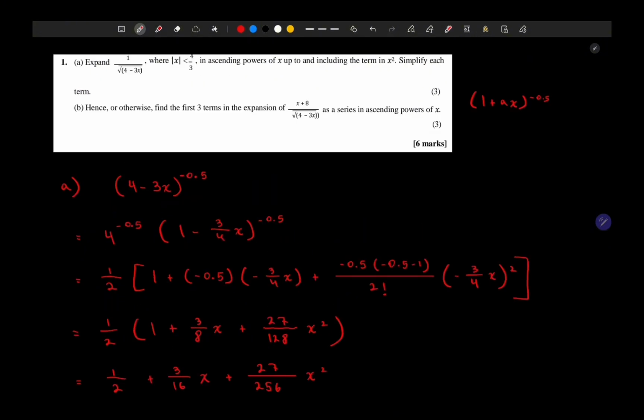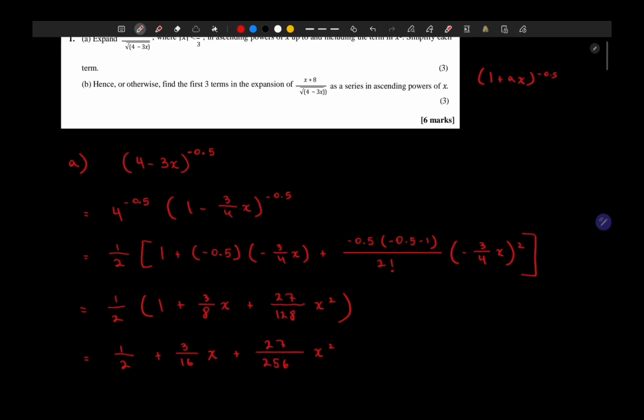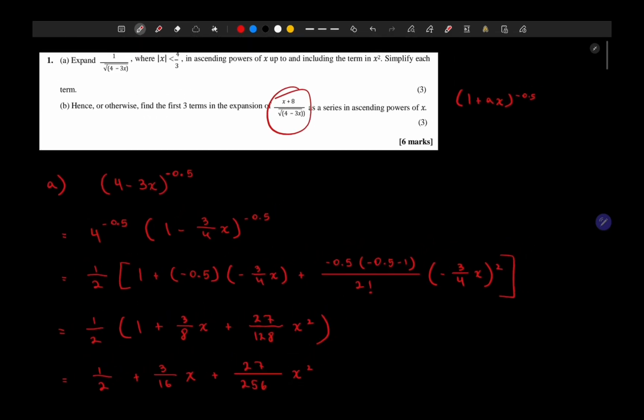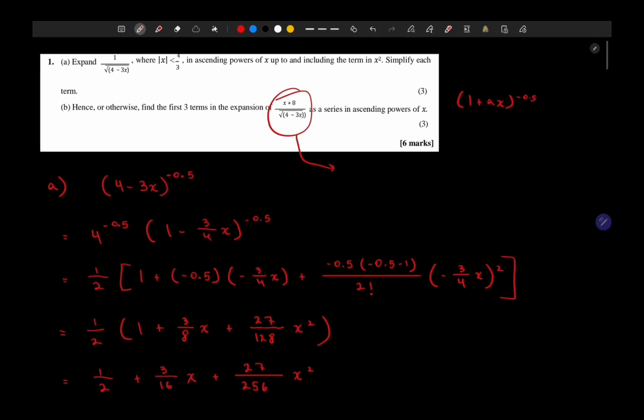Now in the second part, hence or otherwise, find the first three terms in the expansion of (x plus 8) over root 4 minus 3x. So we can write this expression as (x plus 8) times (4 minus 3x) to the power negative 0.5.